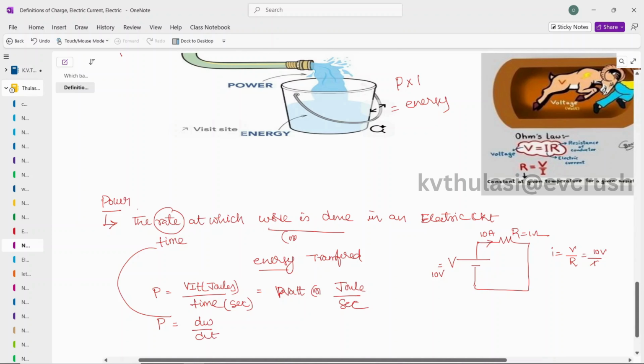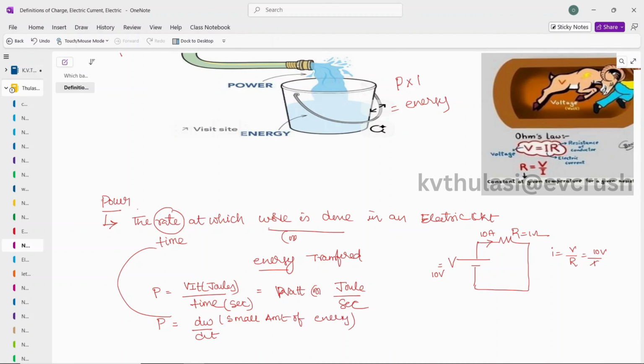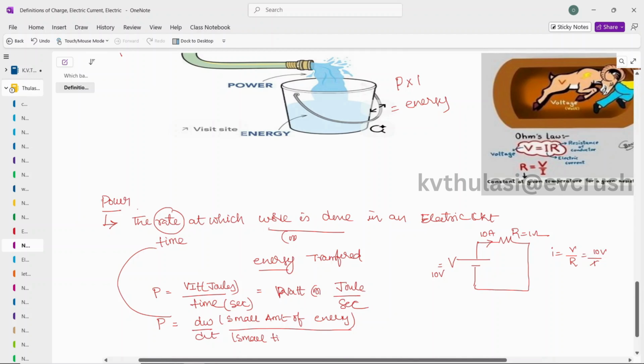Here dW is a very small amount of change in energy, a small amount of energy required, divided by the time taken, which is a small time duration. This is how we define it mathematically.